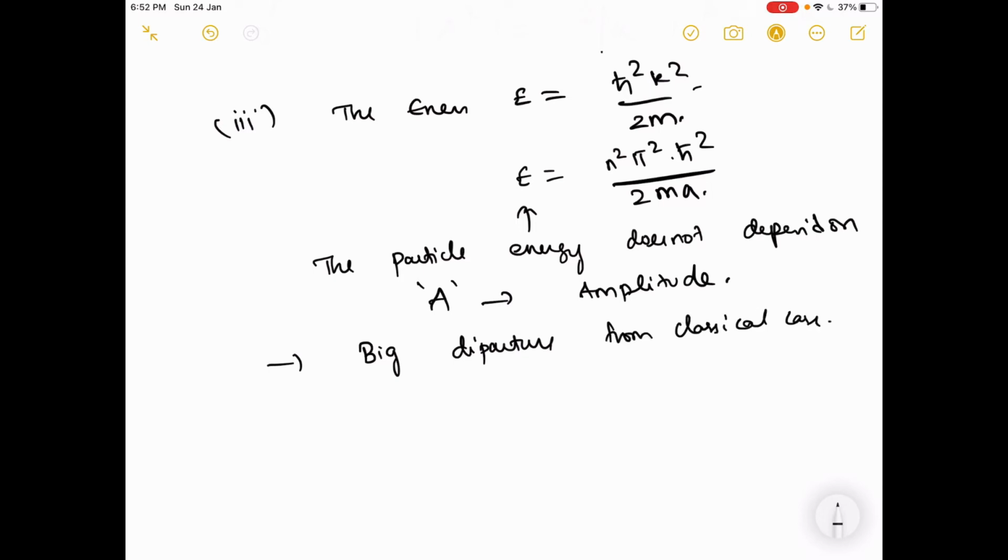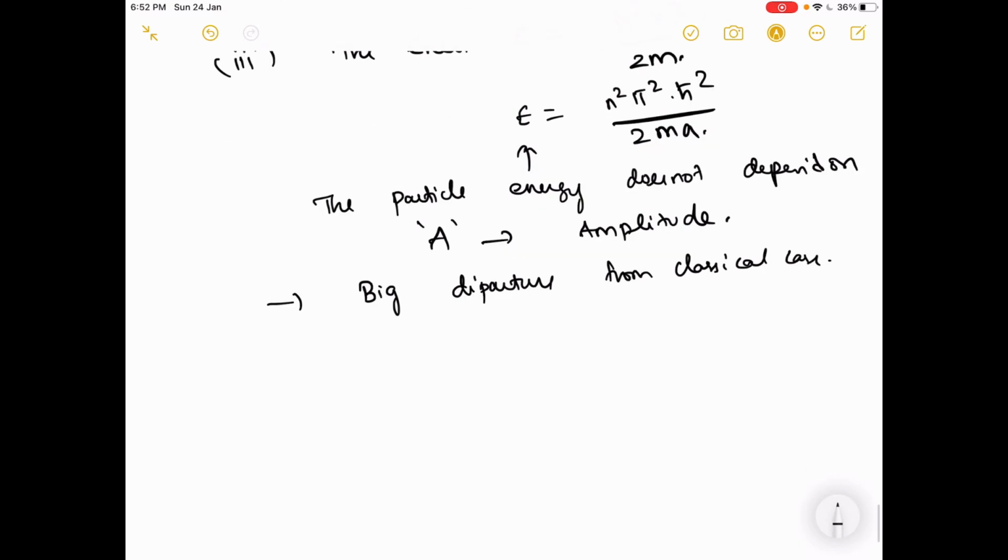A wave's energy depends on the square of the amplitude, but here the wave energy does not depend on the amplitude but depends strongly on the frequency. You already get a feel for why a wave is very different from a particle, right? So this is something very important. This we got from a very trivial case of an infinite potential wall, right? So this is the observation from an infinite potential wall.